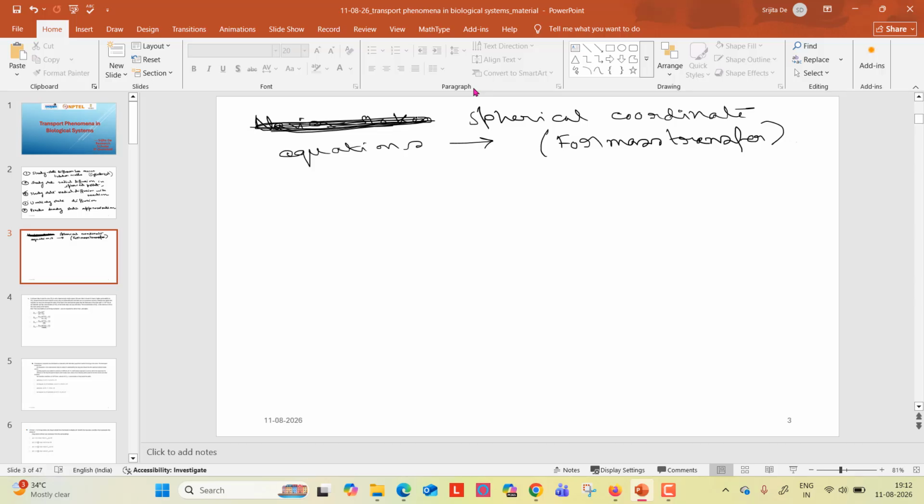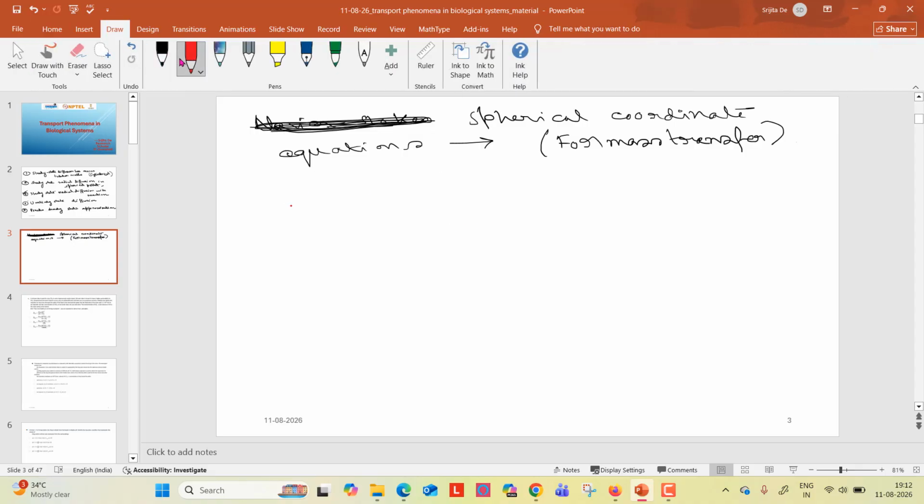From the huge long equation, we'll only be considering the diffusion in the radial direction. That is what is left.